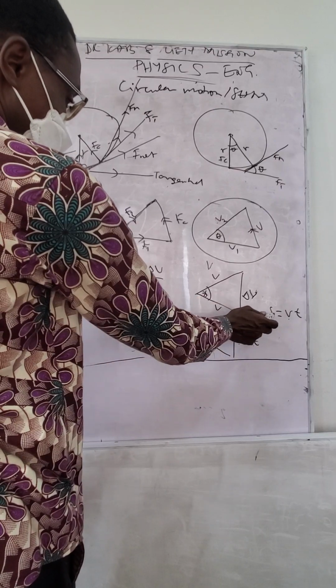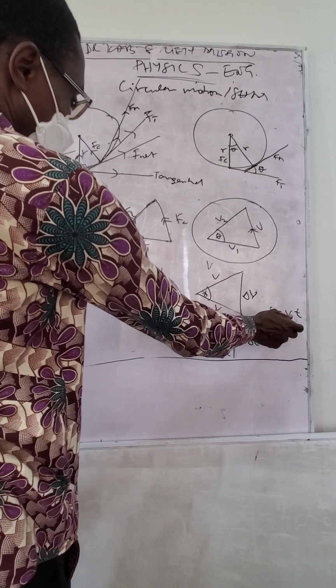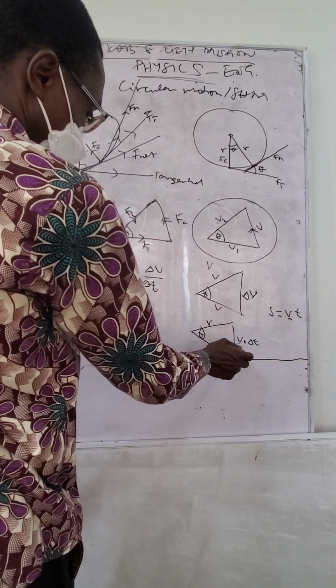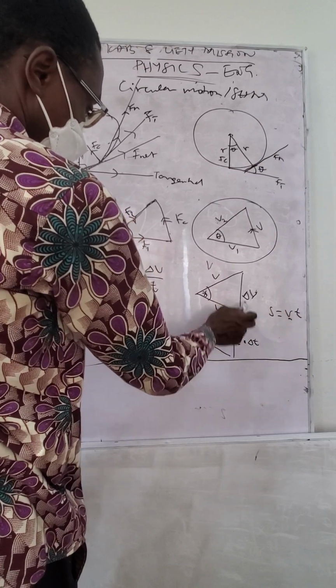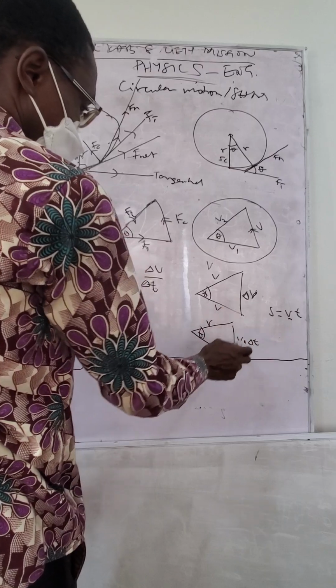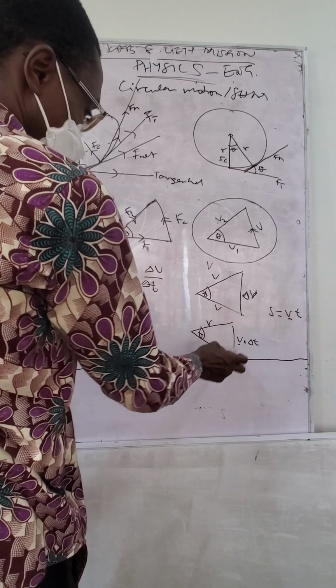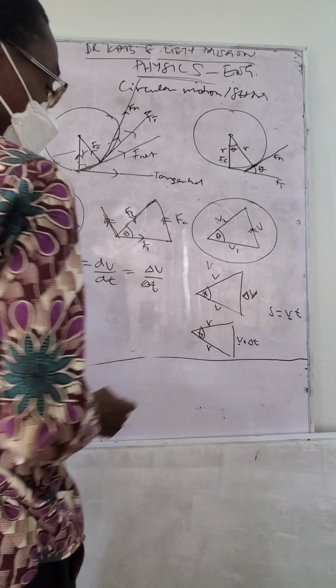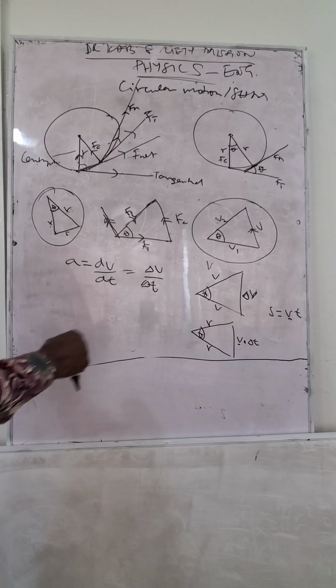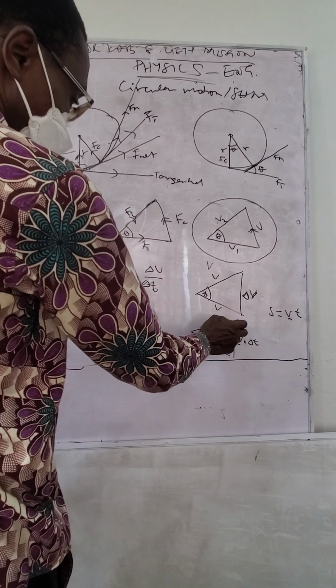Distance is equal to velocity times time. But this V is constant, so that is why we didn't have change in V. The t will be changing t. This is changing v. That will be the velocity for this whole thing is v. So that is what we have now.